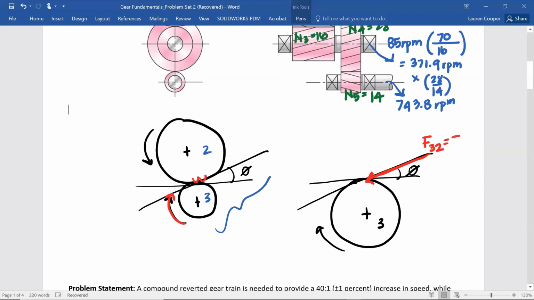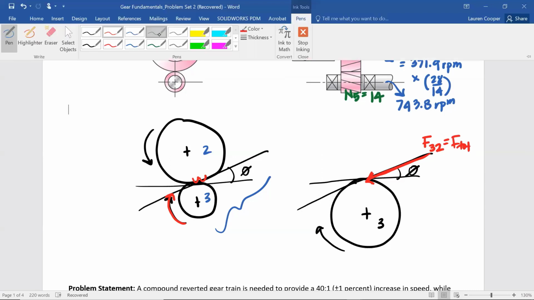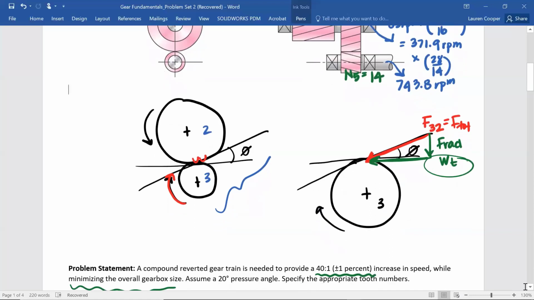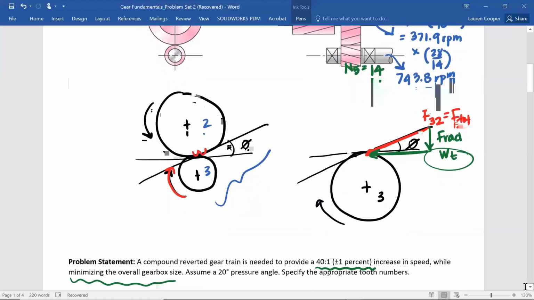So this is also called F total. And there are two components to F total. One component is called the transmitted load, so WT, transmitted load, and the other component is the radial load. So common procedure, we'll figure out what WT is first, and then using triangle geometry, we can find F total and F rad.